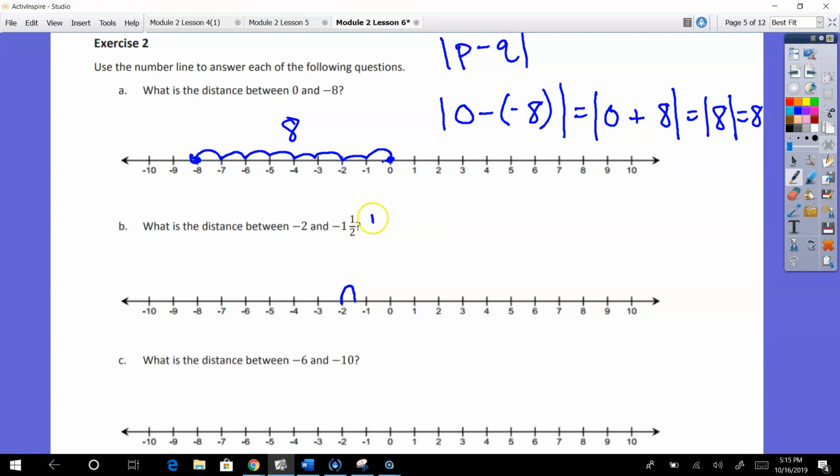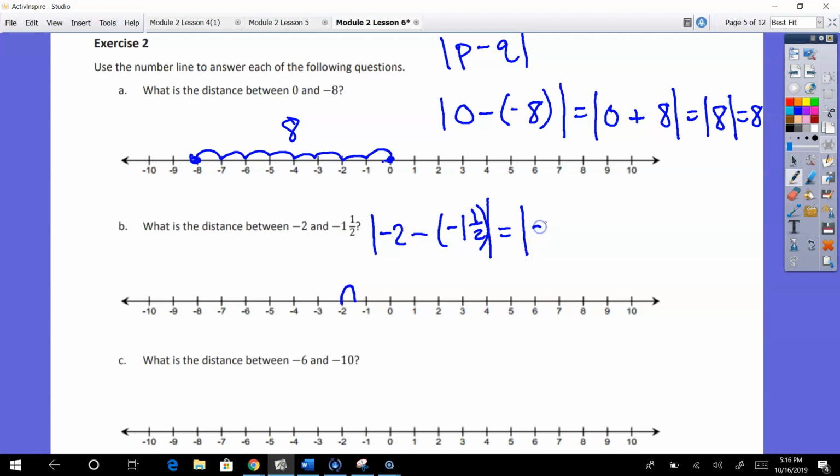So you could write that out. Negative 2, you're subtracting is what we have to do. Subtracting a negative 1.5. Keep forgetting to put the parentheses there. And then let's rewrite it. We're just getting more practice rewriting subtraction problems here too.